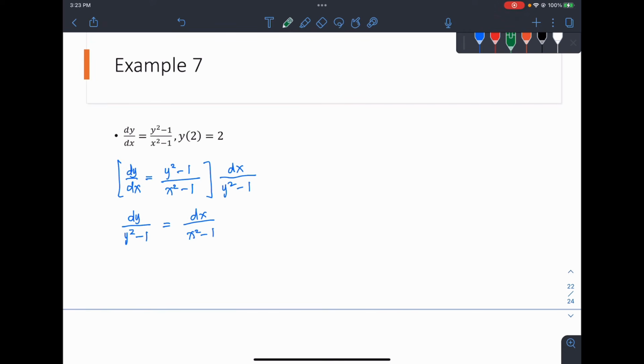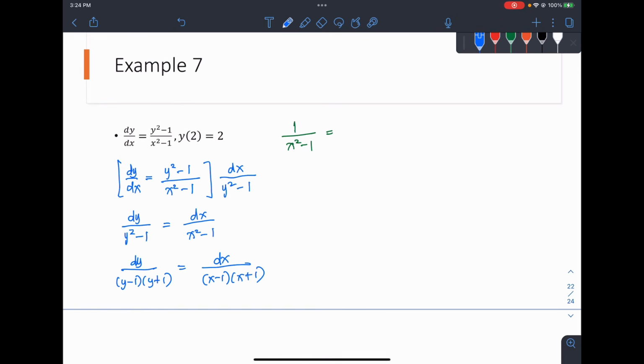Since the left hand side is exactly the same as the right hand side, just a difference of variable used, I'll be using the variable x. I'll remove the differential dx, so I just need 1 over x squared minus 1. But x squared minus 1 is factorable, so we can write dy all over y minus 1 and y plus 1, and similarly dx over x minus 1 and x plus 1.